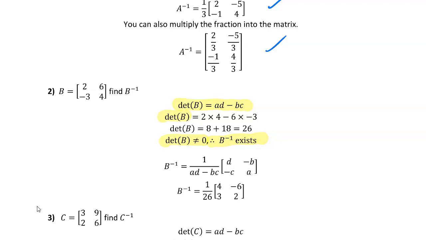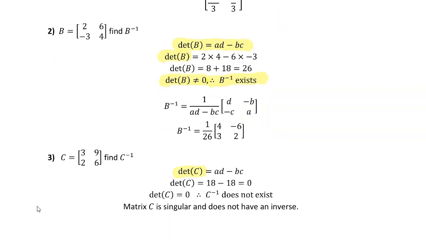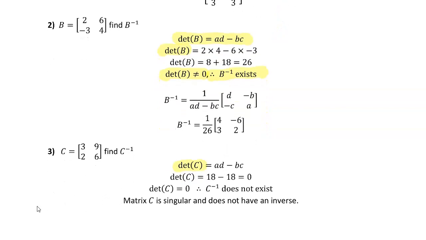Okay, so matrix C is 3, 9, 2, 6. Find the inverse if it's possible. Okay, so first off we figure out that determinant. Our determinant is that diagonal, 3 times 6, take away that diagonal, which is 2 times 9, so we've got 18 minus 18 equal to 0.